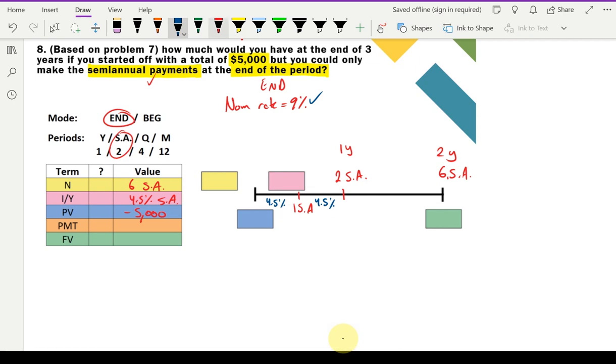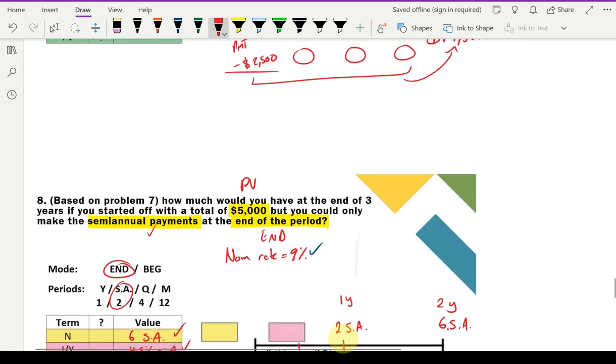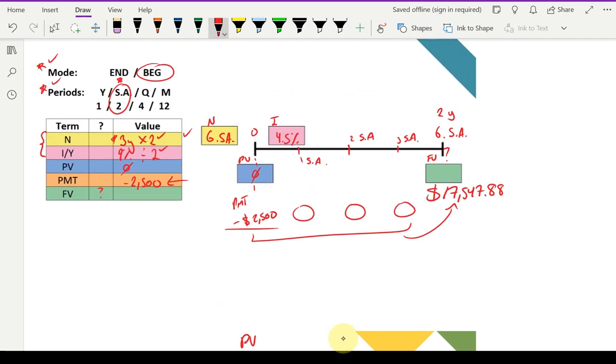All right, so let's keep going here. Our payments are still going to be $2,500, and we are looking for the future value. Now, because I know only two things changed, right? Look here, we have 6 and we have 4.5 and we have 2,500. That's exactly what we have here. 3 times 2 is 6. 9 divided by 2 is 4.5, and the 2,500 stays the same.